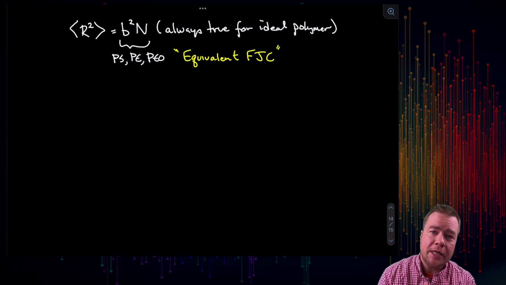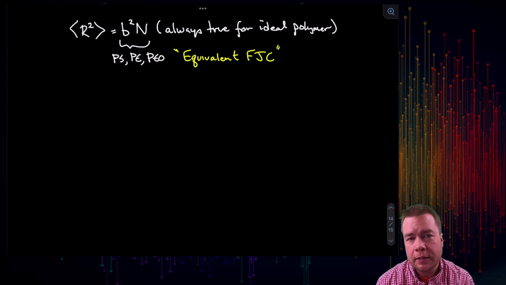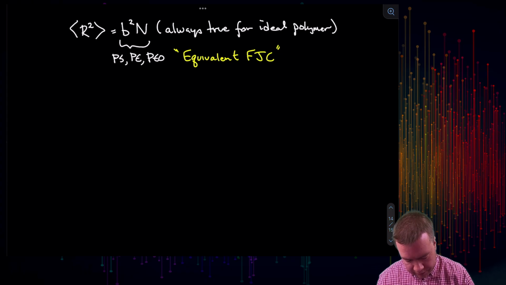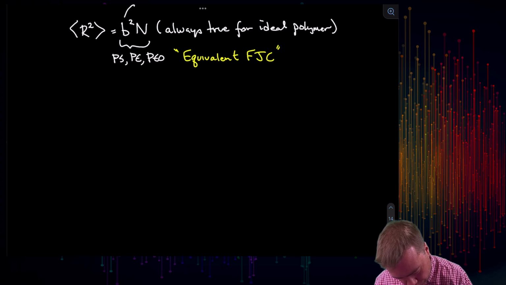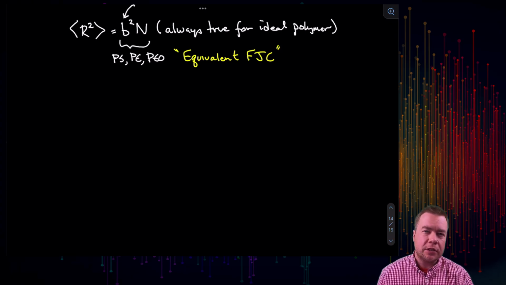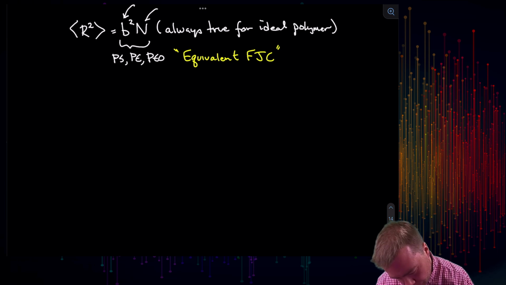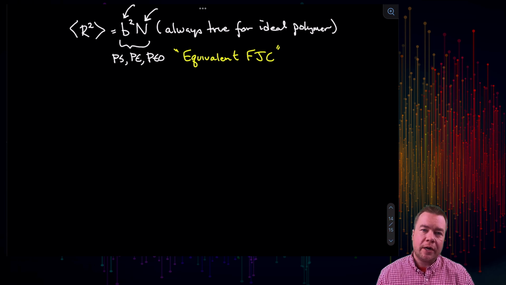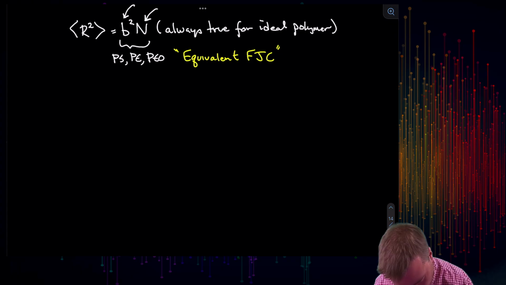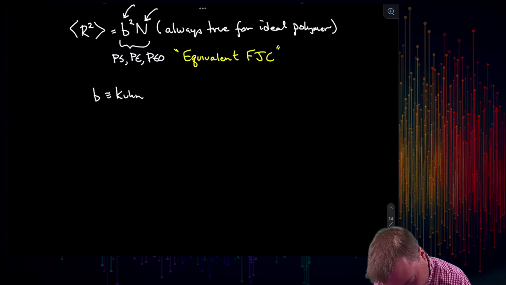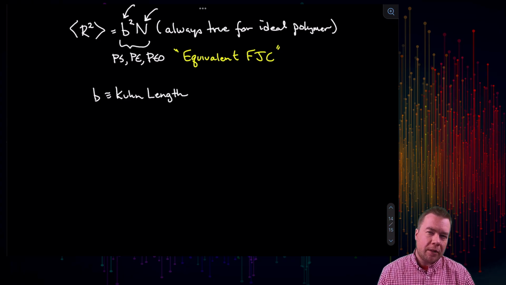Okay, so under the right conditions, regardless of what the chemistry is, we can construct an ideal polymer chain where the only things that we care about are the Kuhn length. And remember, that's just a measure essentially of the bond length in this equivalent freely jointed chain, and the number of Kuhn monomers that we have. Okay, so the very important things that we have, b, remember this is the Kuhn length. And this changes for every polymer that you have, okay?